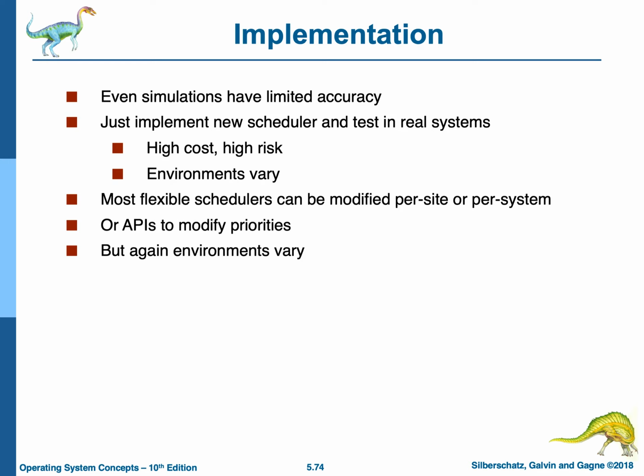But the implementation is not usually done because it is higher in cost and the environments may vary. The estimation may be good, but the cost is higher and the risk is higher, because if we implement some system and it doesn't work, then whatever cost we have spent on that is wasted.